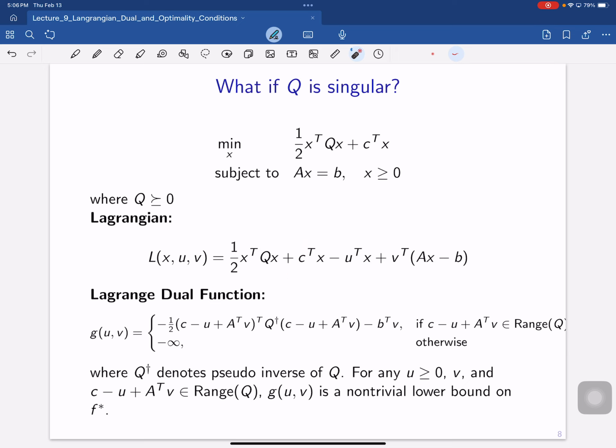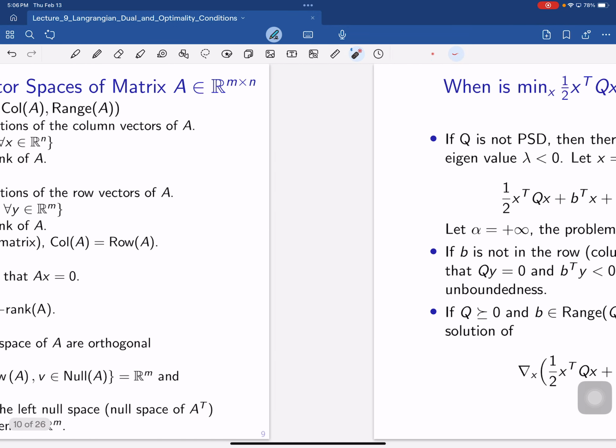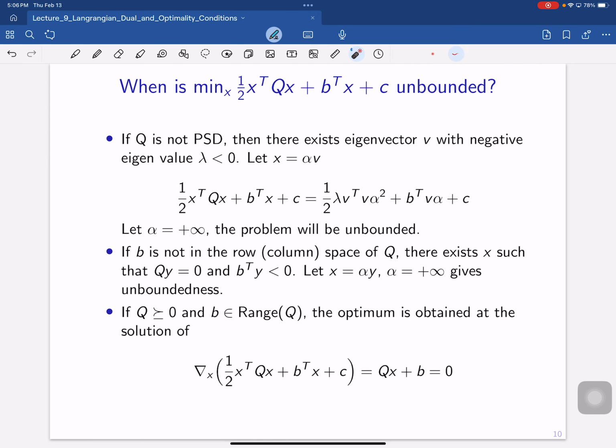So you can think about minimizing over a Lagrangian function generally as minimizing over x the quadratic x transpose Qx plus b transpose x plus c. Let's talk about the properties of this minimization problem with respect to the matrix Q and vector b.